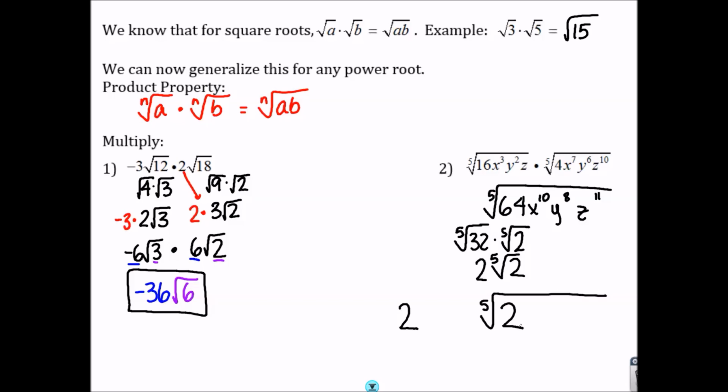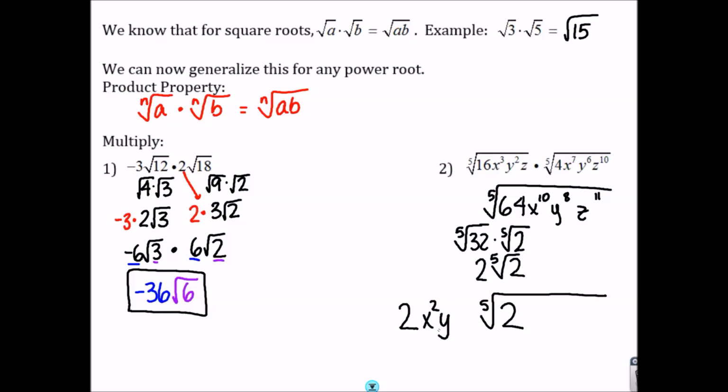Now remember that when you simplify radicals with variables, you need to think about doing division with remainders like you did in elementary school. So if I have the fifth root of x to the 10th, 10 divided by 5 is 2 with none left over. So I'm going to have an x squared outside the radical and no x's inside the radical. When I do the fifth root of y to the 8th, I'm going to do 8 divided by 5, which is 1, and 3 left over.